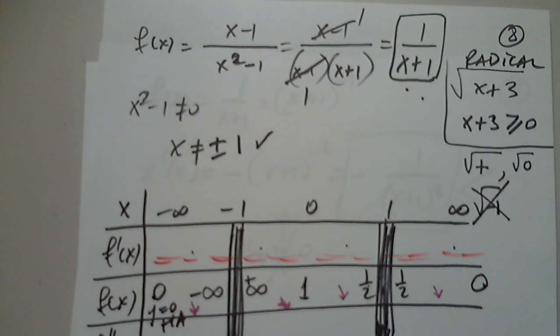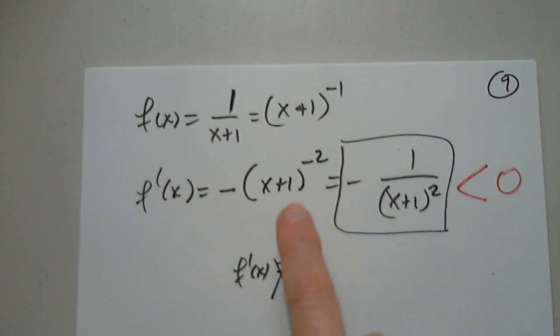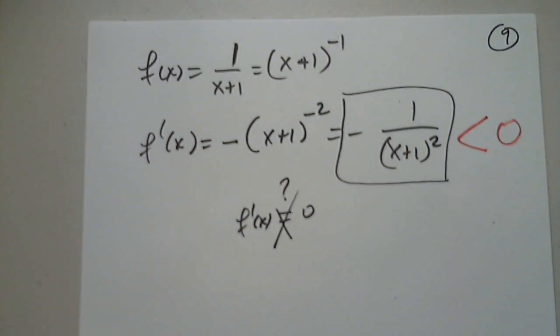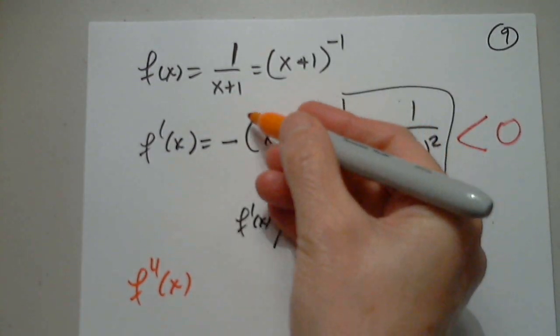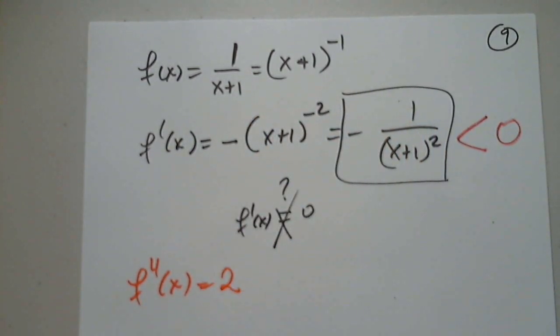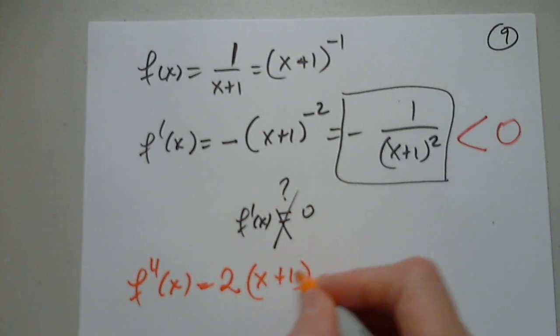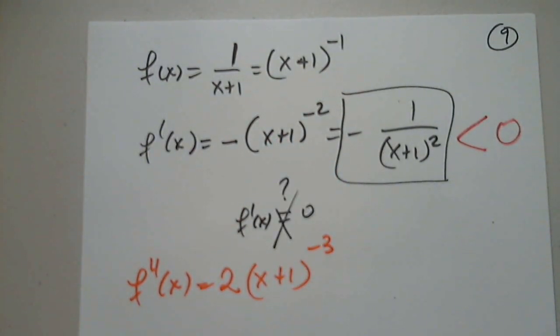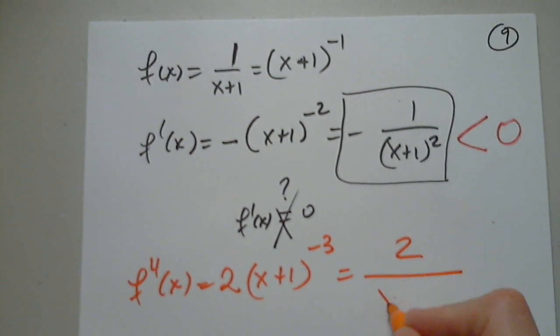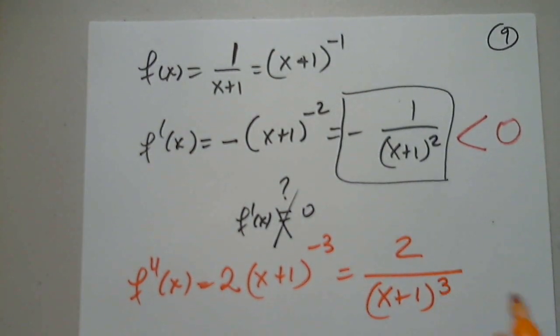Now, finally, I'm going to look at the second derivative. So let's look at the second derivative. Here is the first derivative. In order to find the second derivative, I bring down -2, so it becomes 2, times x plus 1 to the -3 times the inner function prime by the chain rule, but that's 1. 2 over x plus 1 to the third.